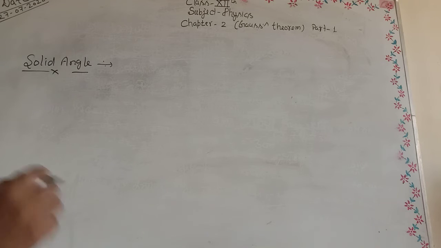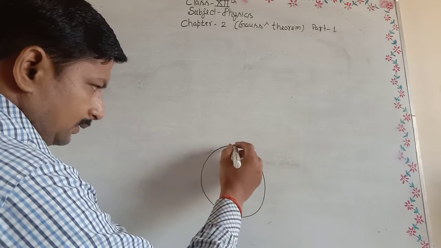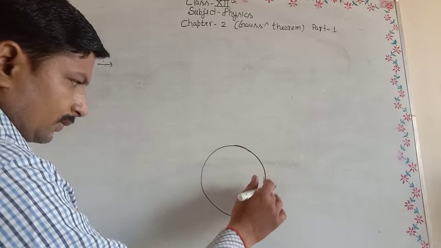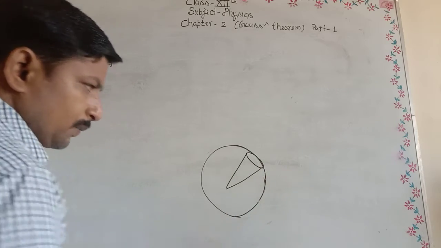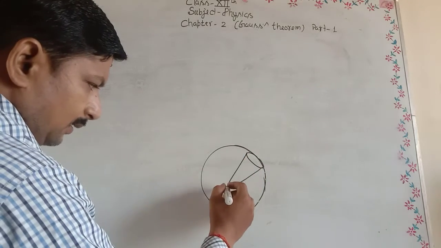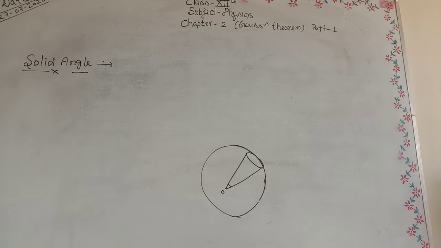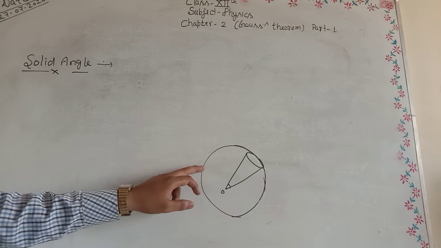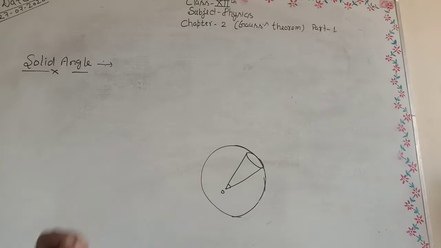Dear students, this is a sphere. The area of a spherical surface subtends an angle at the center of the sphere, which is called the solid angle. It is denoted by omega.